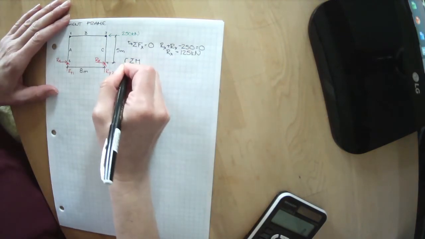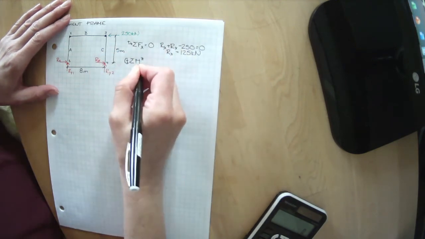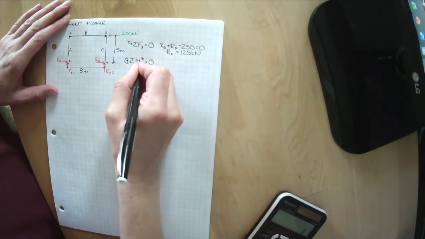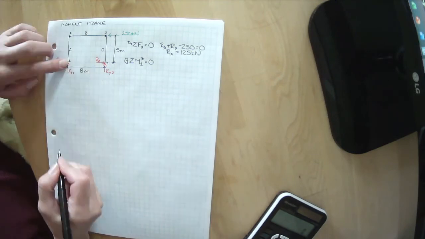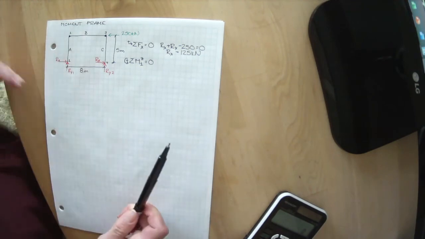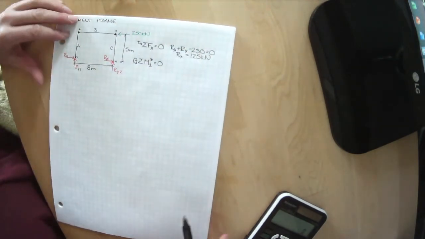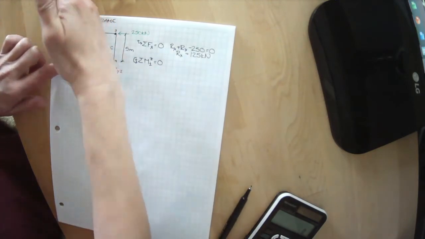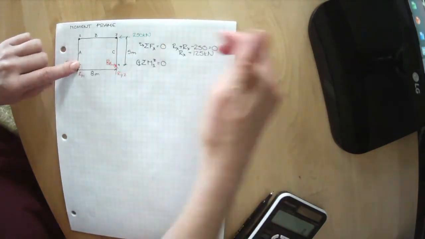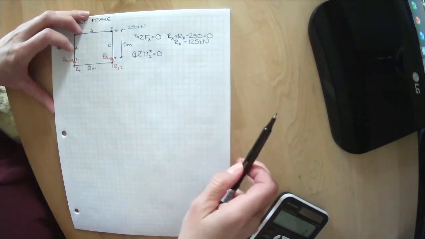We can sum the moments about the z-axis with everything going in that direction being positive. We want to know what it takes to be 0, and let's pick node 1 to spin about. I'm going to put my thumbtack right here. So RY1 passes through it, RX passes through it, the other RX passes through it, RY2 tries to make it spin in that direction, which is negative, and our 250 kilonewtons tries to make it spin in that direction, which is negative.